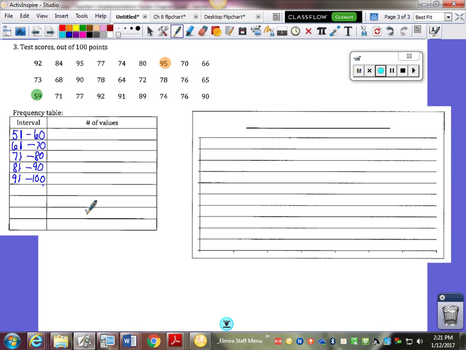Since this is test scores, it depends on the situation. Technically, somebody could have gotten a 0. And you could justify to me that because it's possible to get a 0, you would make bins such that you could account for that. Maybe you could make bins of 1 to 20, 21 to 40, 41 to 60.